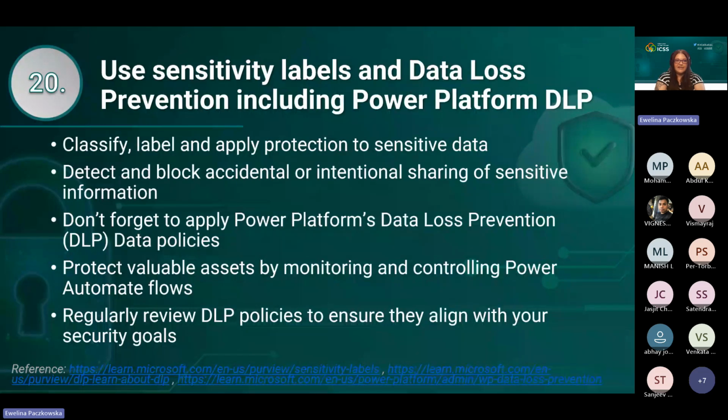Okay, and the last tip, it's a very comprehensive one, but for someone that is very passionate about Purview, I couldn't help myself but include it. So tip number 20 is to use sensitivity labels and data loss prevention, including Power Platform DLP. Over here, basically you can classify, label, and apply different protections to your sensitive data.